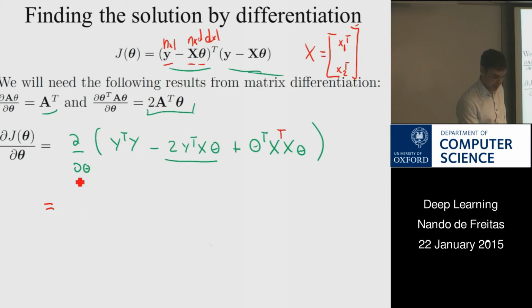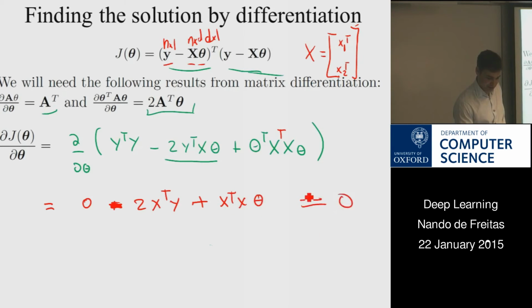And then if you do this, you apply the rules of differentiation. You get 0, you get minus 2 x transpose y, and then you get plus 2 x transpose x theta.